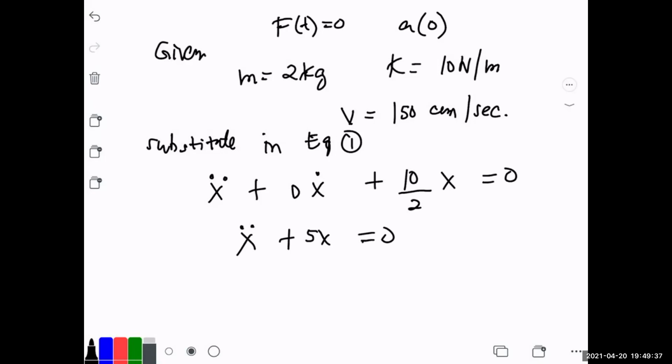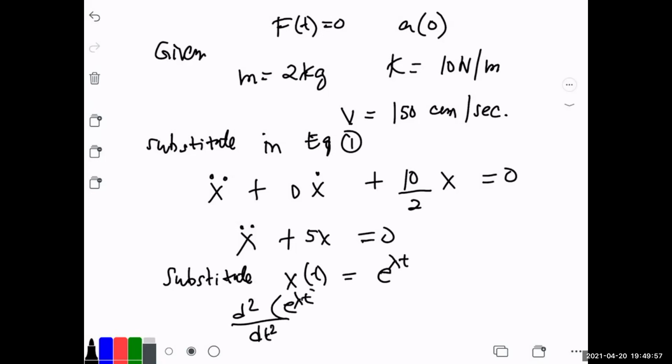So what we can do is substitute x of t equals e to the lambda t. It means the double derivative of e to the lambda t plus 5 e to the lambda t is equal to 0.